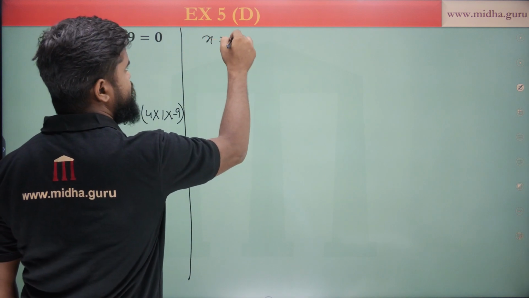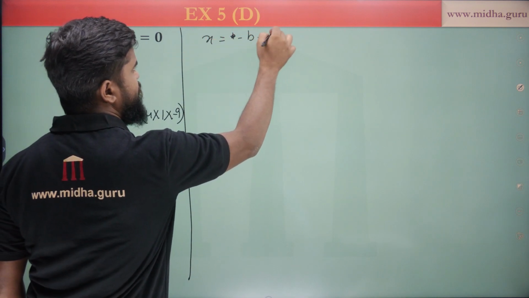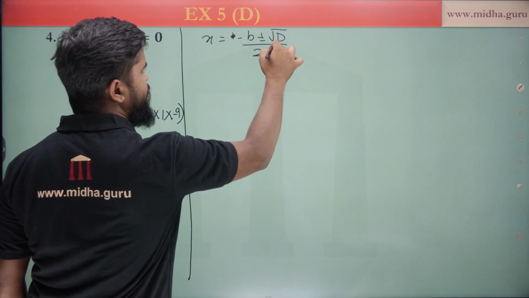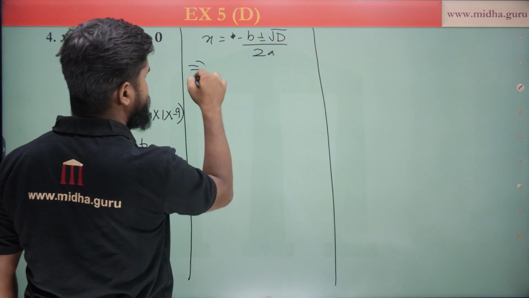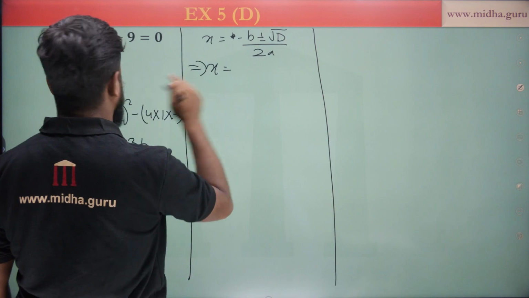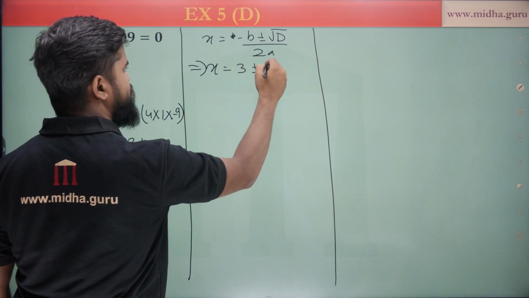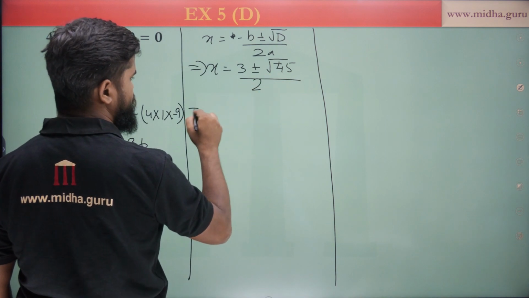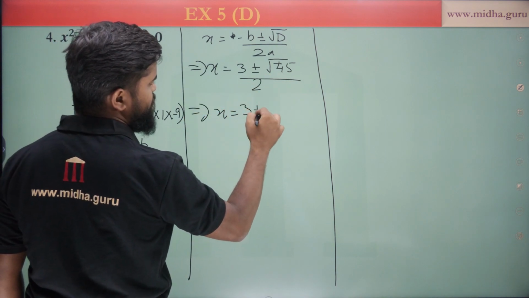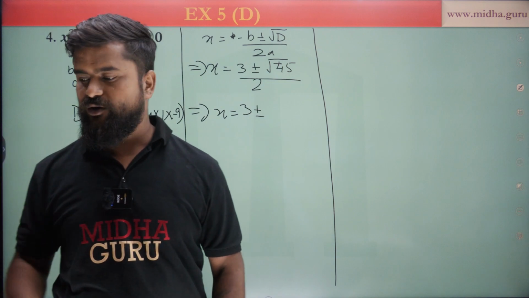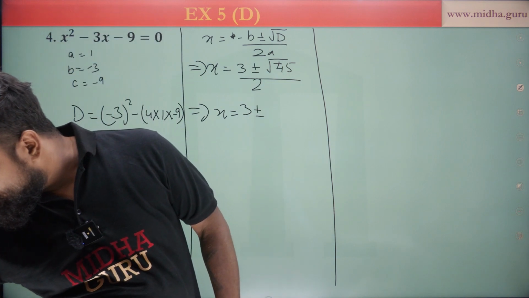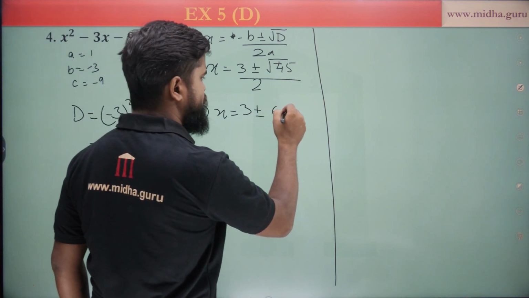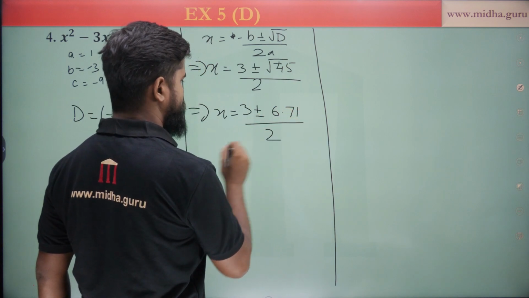Then again x is equal to minus b plus or minus the root of d divided by 2 times a. Substituting all these values, we get x is equal to minus of b, which will become 3, plus or minus the root of 45 divided by twice of a. So x is equal to 3 plus or minus. Again we go back to the square root table. The root of 45 is 6.71 divided by 2.